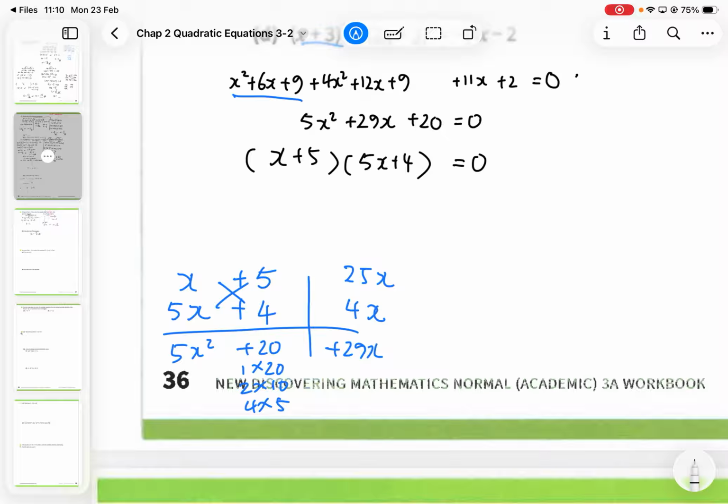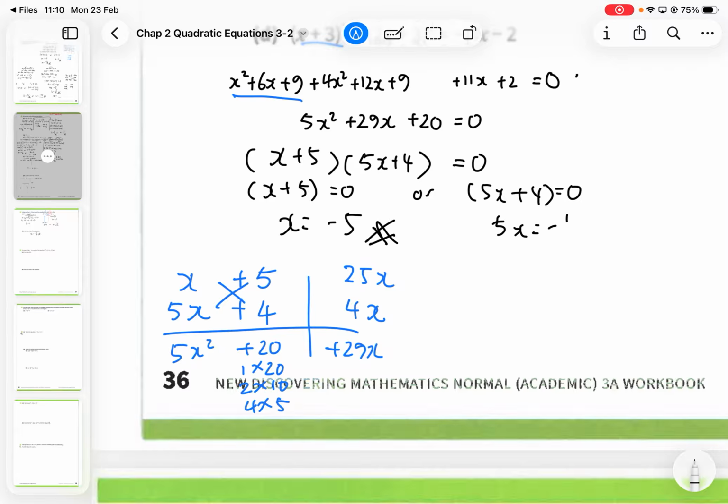Once I am able to factorize them, the two brackets multiply to become 0 means either the first one is 0 or the second one is 0. Then make x the subject, solved.